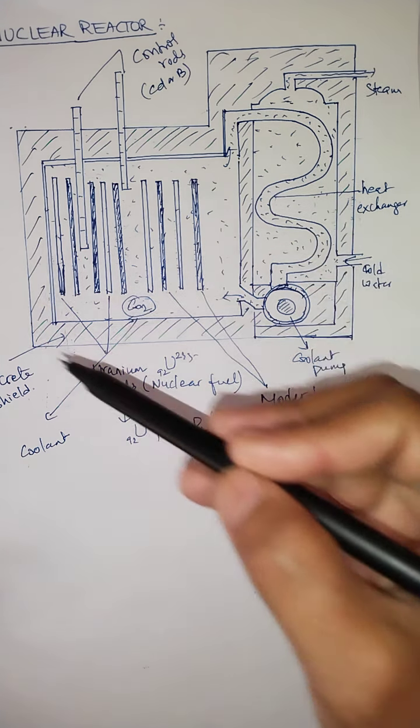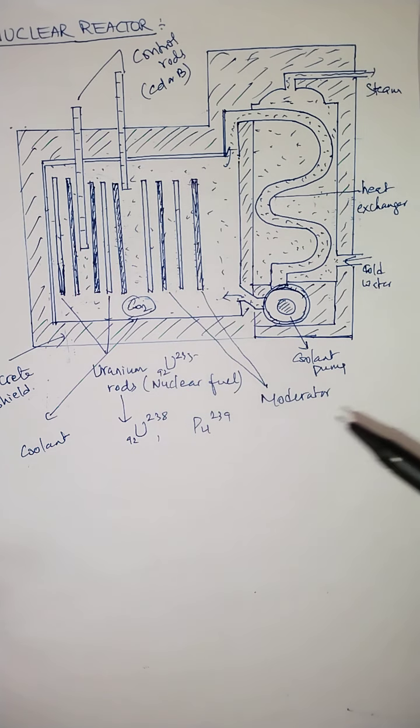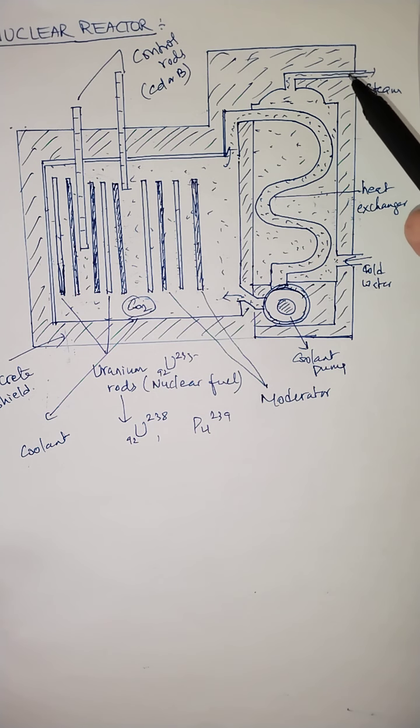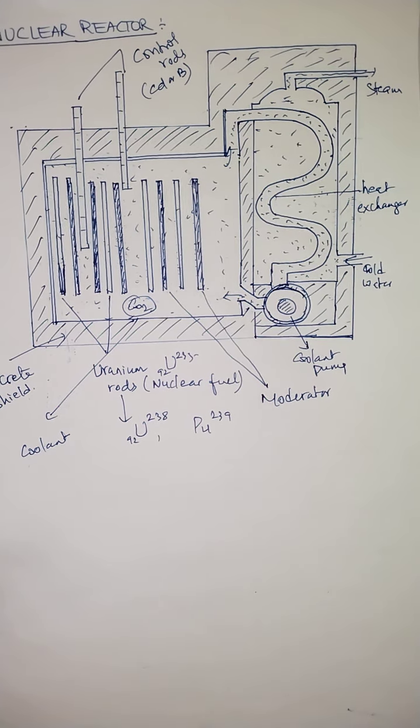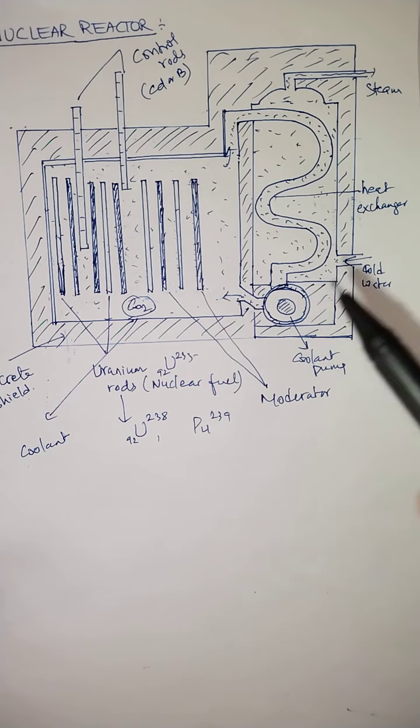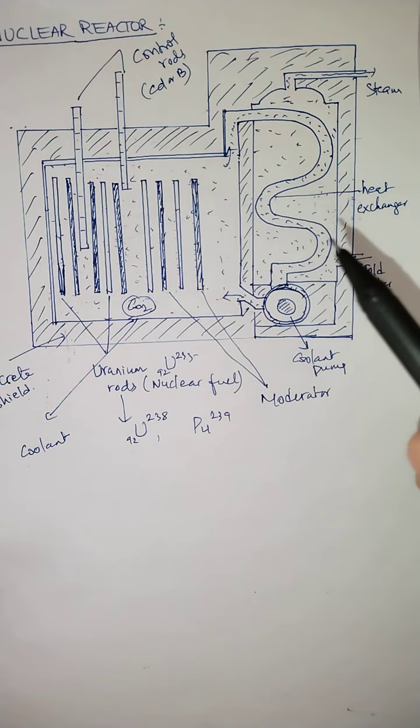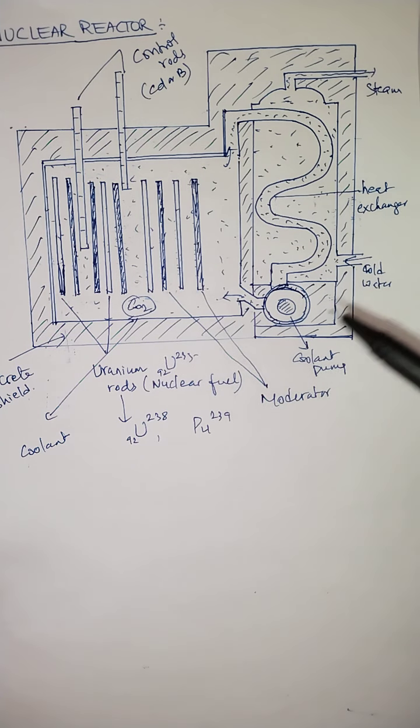That means with the help of this nuclear reactor, we can generate electricity, because this steam can rotate the turbines, and once the turbine rotates, it generates electricity. That's why one of the most common uses of a nuclear reactor is to generate electricity. With the help of a nuclear reactor, thermal power plant or atomic pile, we can generate electricity.